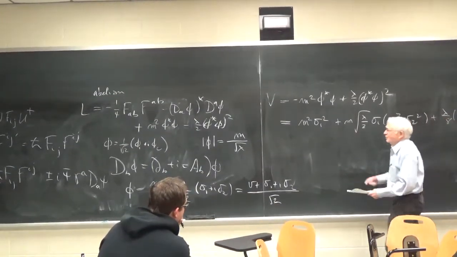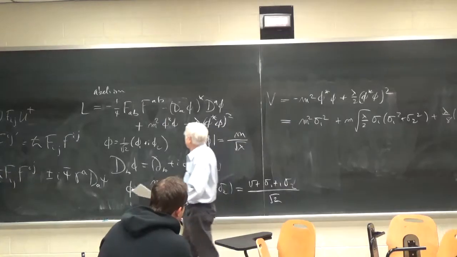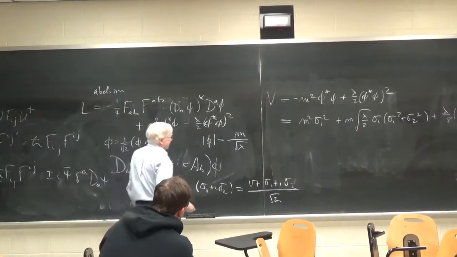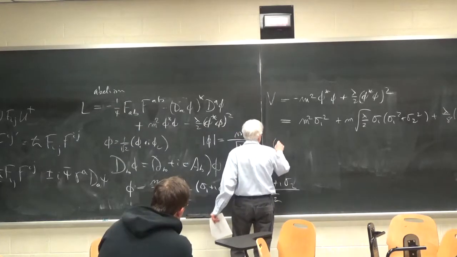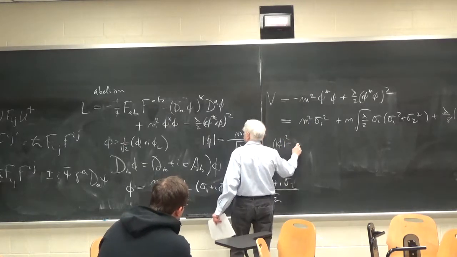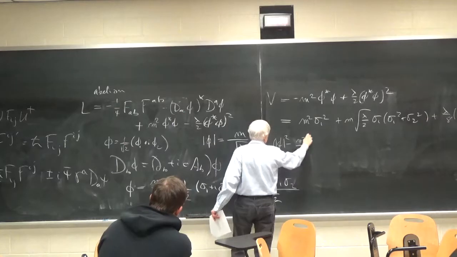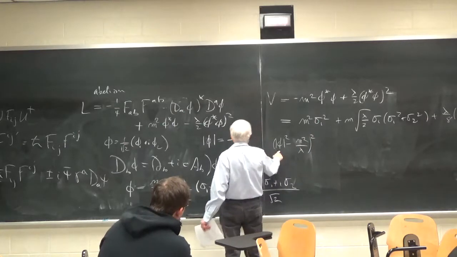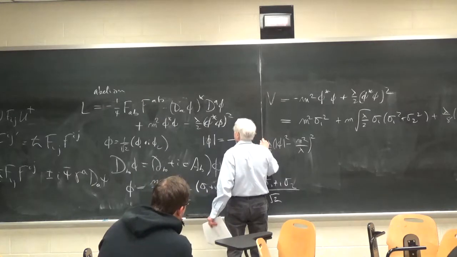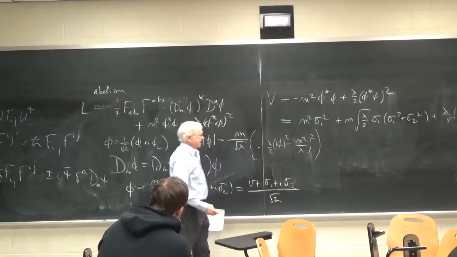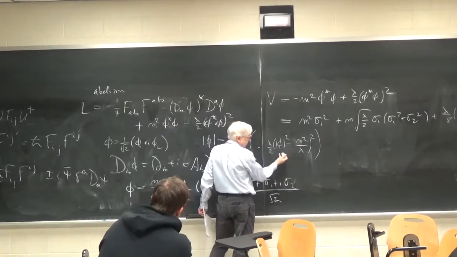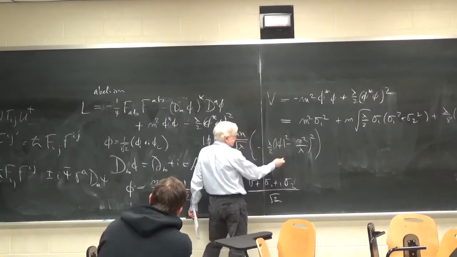But we could have written the theory differently from the beginning, and in fact, the way I wrote it over there, if you write the potential as lambda over 2 times phi squared minus m squared over lambda squared, then the mean value of the potential in the vacuum is just 0.